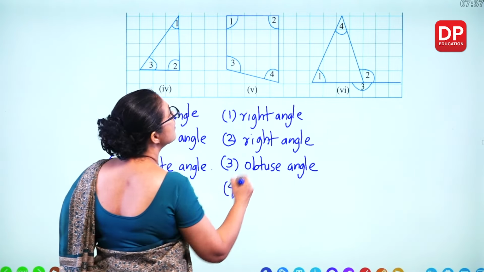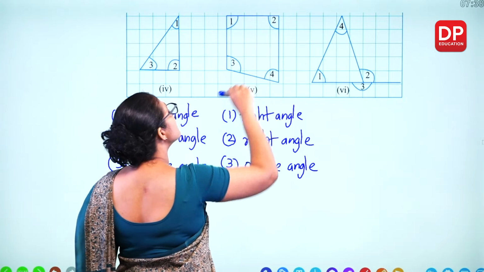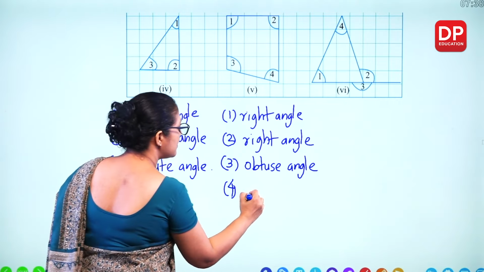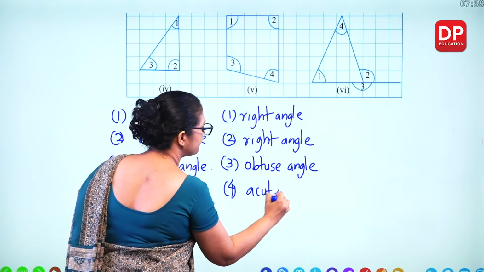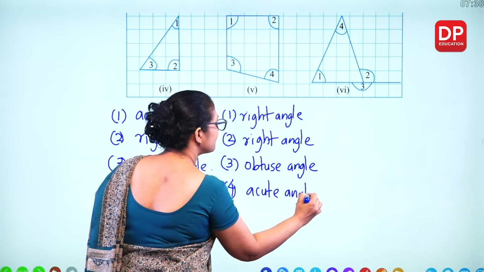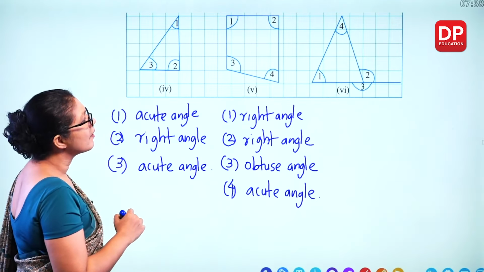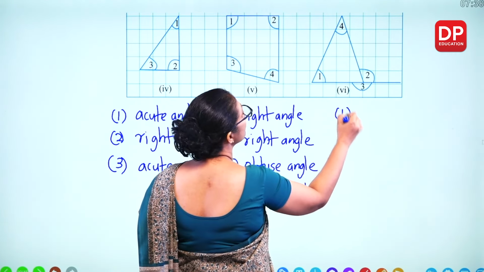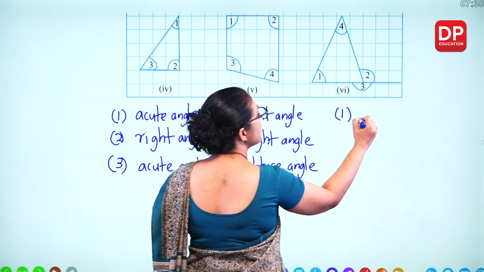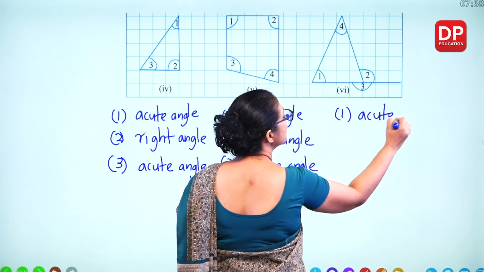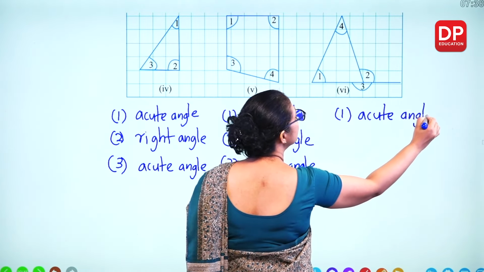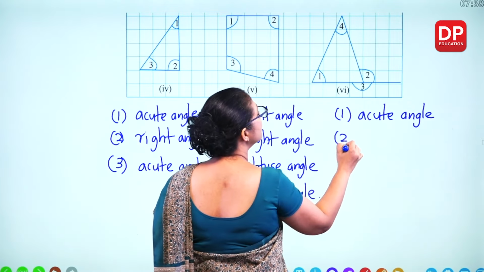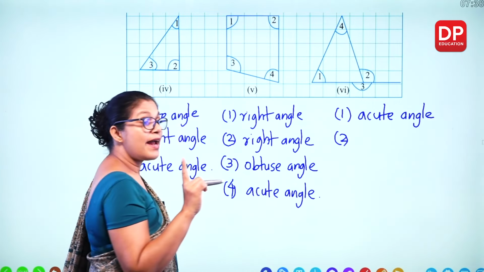4th one, here when you take this one, less than a right angle, that's acute. This one, 1 is less than a right angle, that's acute. This one, more than a right angle.